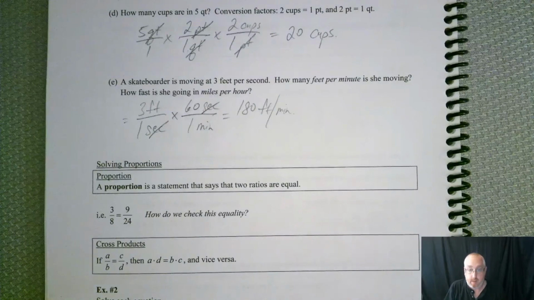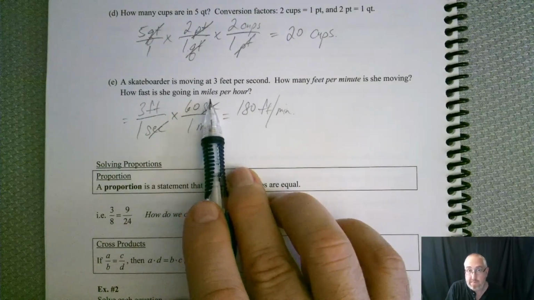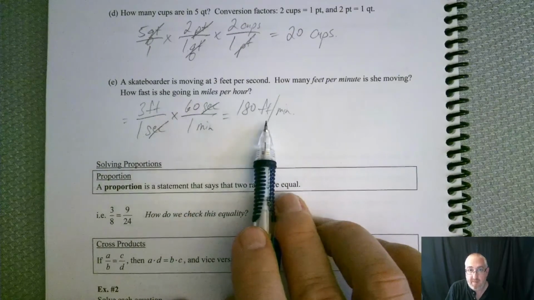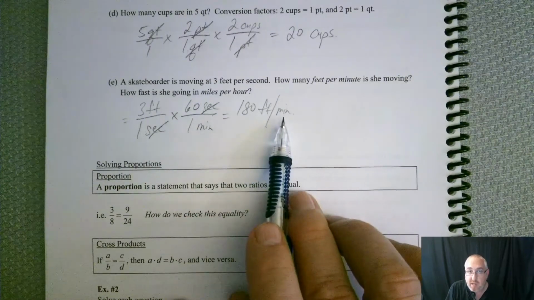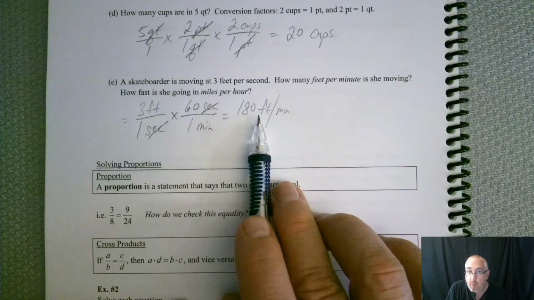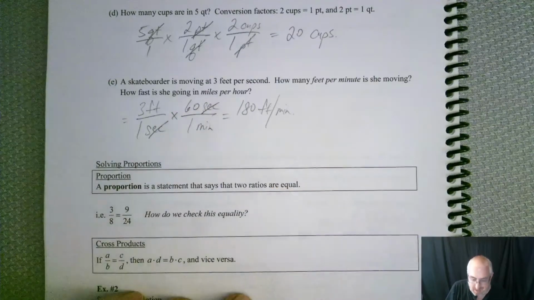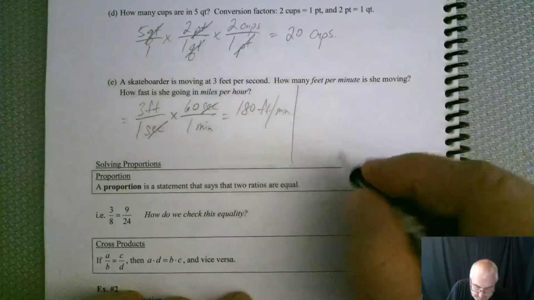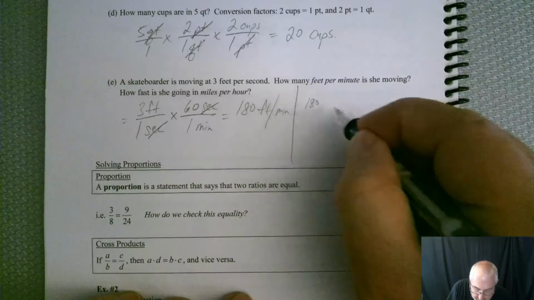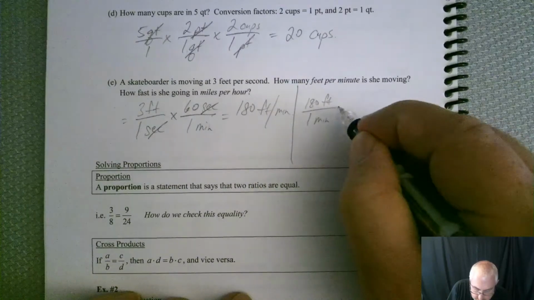All right. Well, we also want it in miles per hour. Since we already have it in feet per minute, minutes we can squeeze into hours. Feet, we can change into miles because we have the conversion on the other page. So let's start with 180 feet over 1 minute.